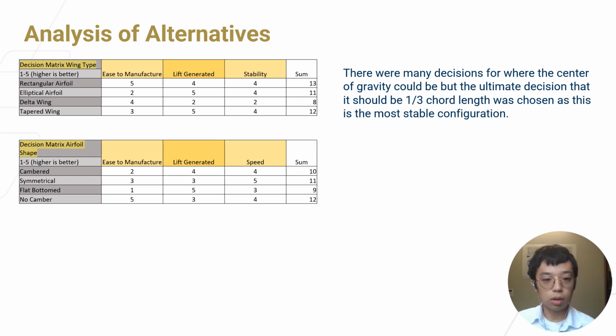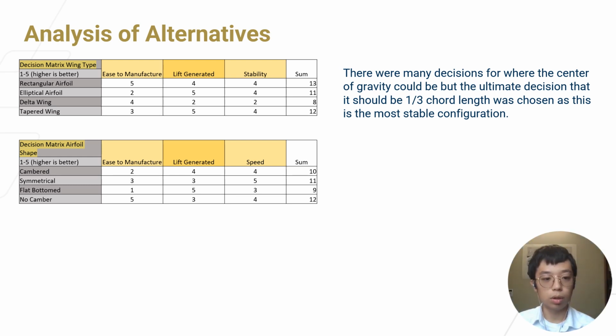As you can see, when we sum up the total values generated, the rectangular airfoil had a higher value than the others that were considered. Therefore, the rectangular airfoil is what I chose for this glider project.